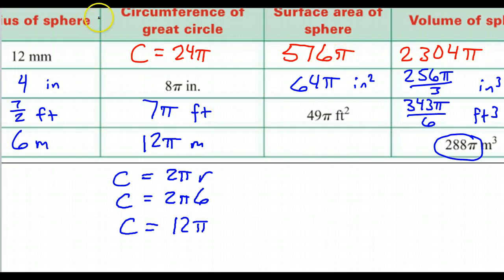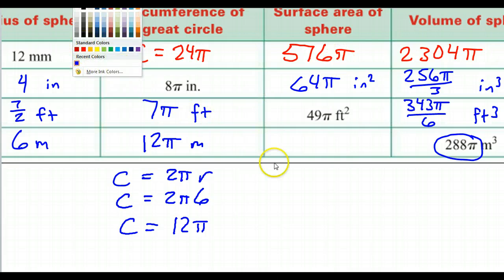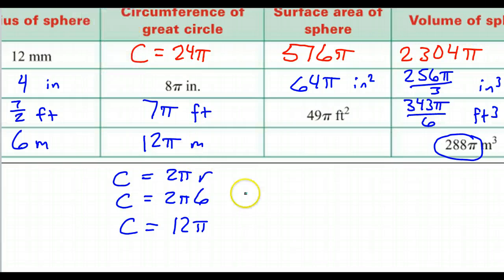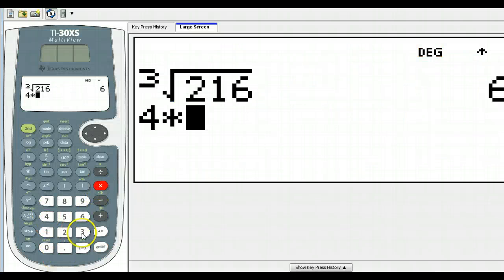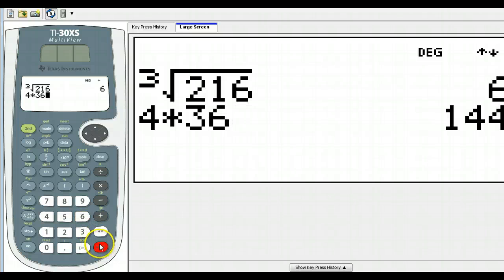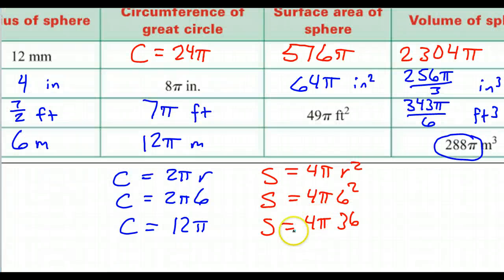If I want to find the surface area, alright, the surface area is 4 pi times the radius squared. So that's going to be 4 pi times 6 squared. Alright, so that's going to be 4 pi times 36. And then 4 times 36 is 144. So that's going to be 144 pi.